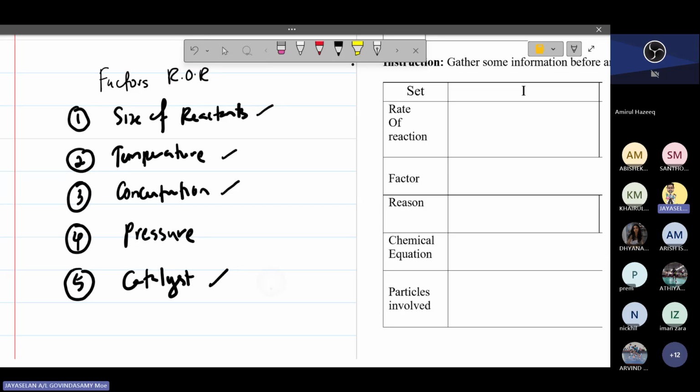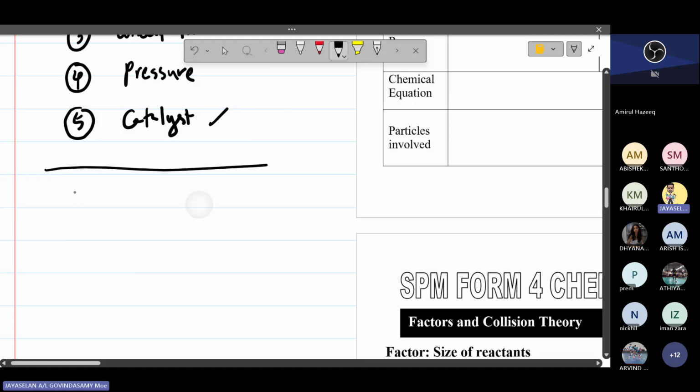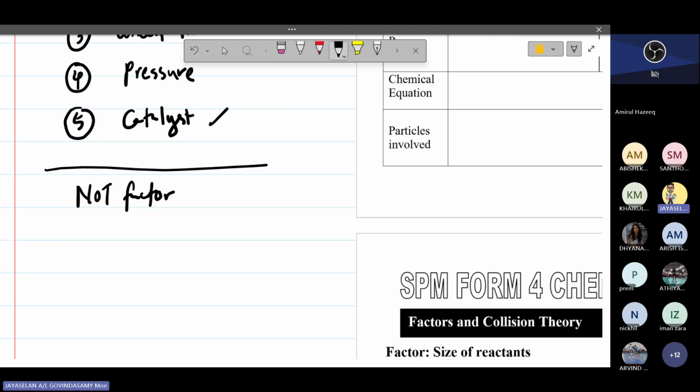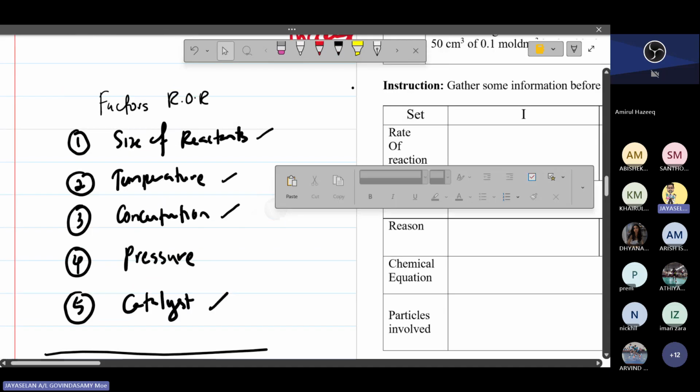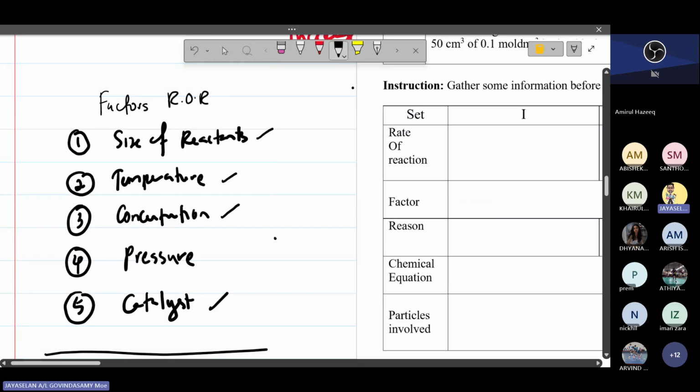Please remember for objective questions, which of the following is not a factor? Mass is not a factor. And one more, volume is not a factor. Understand? So don't write larger total surface area. Total surface area is the reason.